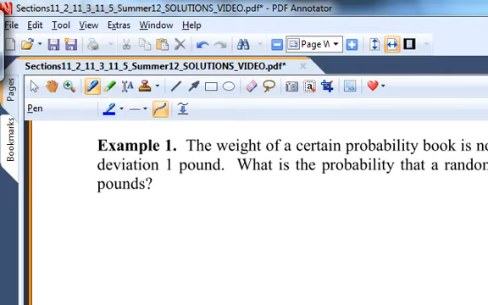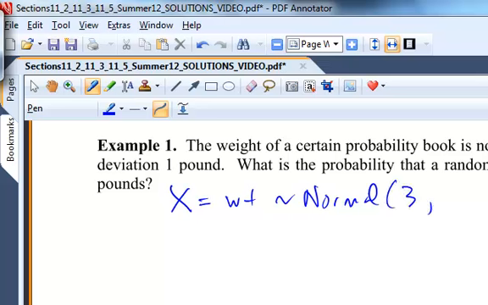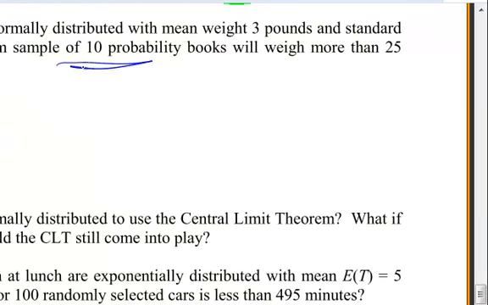The weight of a certain probability book is normally distributed, so let's call X the weight, and it's normal with a mean of 3 pounds and a standard deviation of 1 pound. What's the probability that a random sample of 10 probability books will weigh more than 25 pounds? They might not all weigh exactly 3 pounds, so they come from a normal curve.